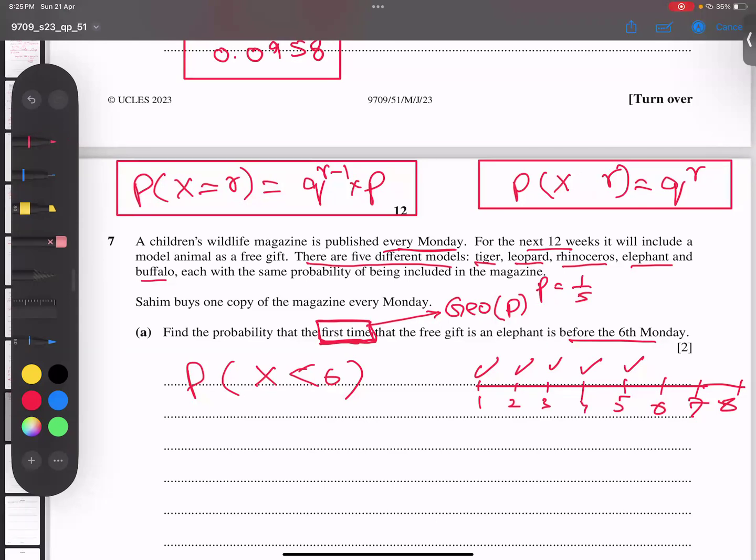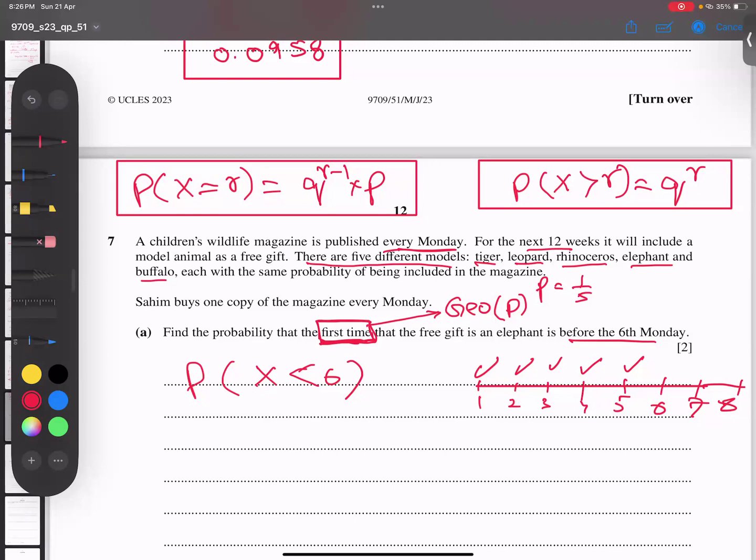Let me revise. Yes, that is for more, that was correct. Okay, that was for more.